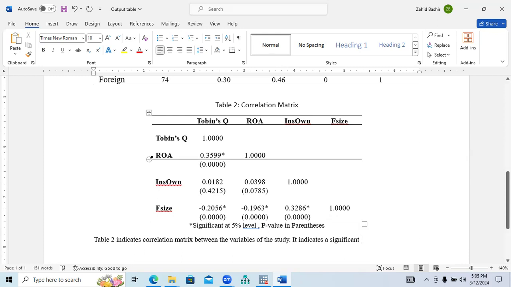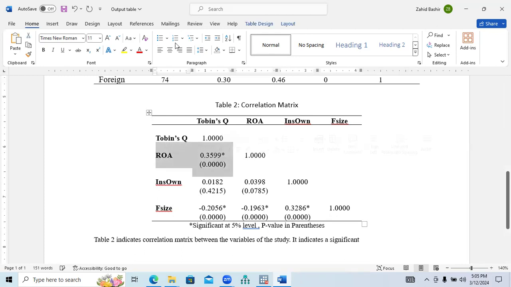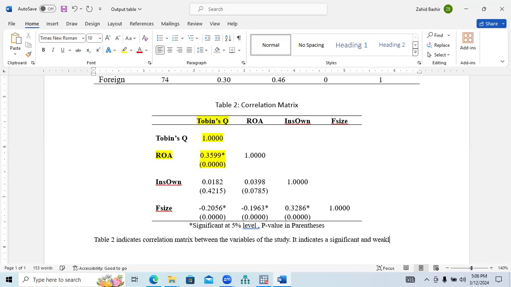Now I am relating with the first one, this one, along with Tobin's Q. If you see, this is the correlation between Tobin's Q and ROA. So it indicates a significance value because the asterisk sign indicates significance and the p value also indicates significance. So it indicates a significant and weakly positive association between ROA and Tobin's Q.